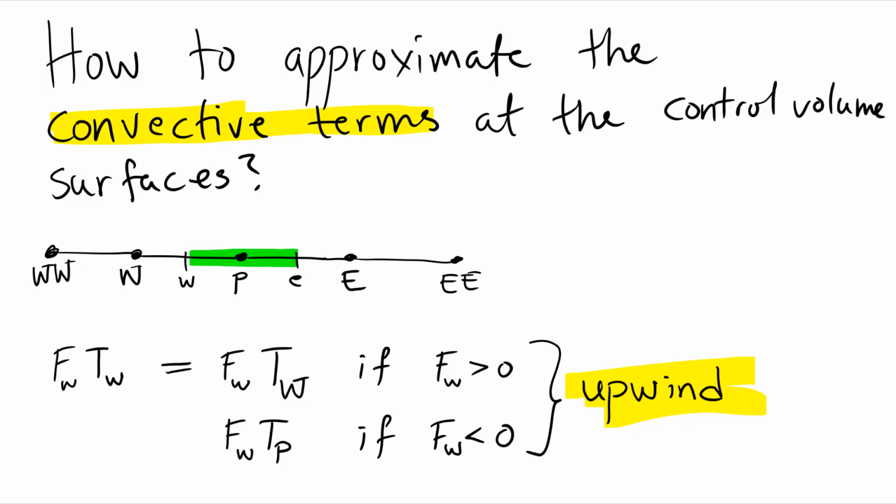So if the flow is going from west to east, then we would use the temperature at the west node here for this control volume surface on the west side of this node P. And similarly, if the flow is going from east to west, we would use the temperature at the east node for the control volume surface.